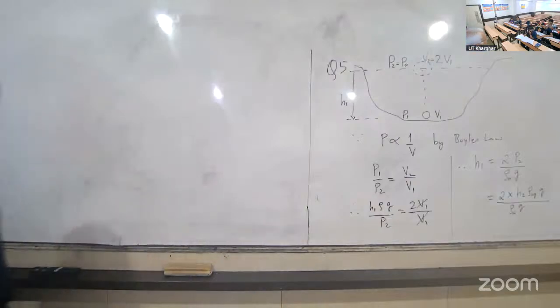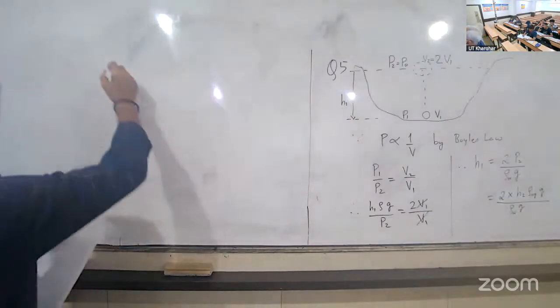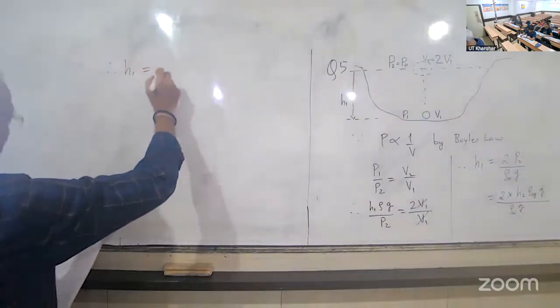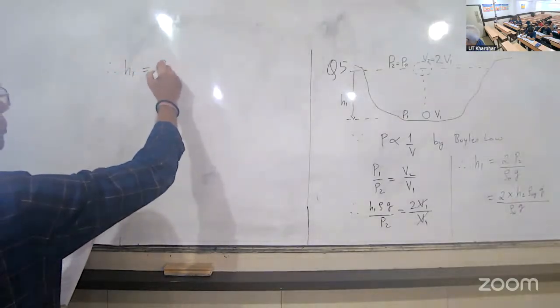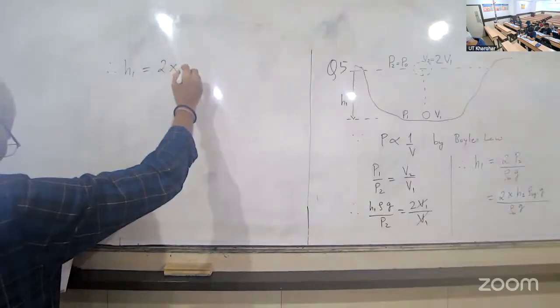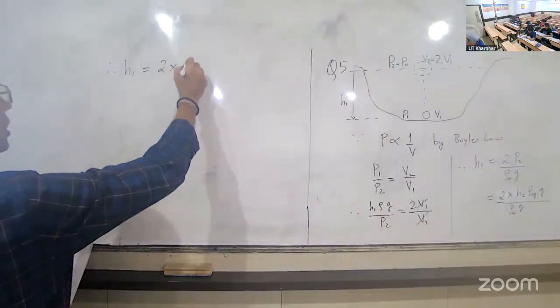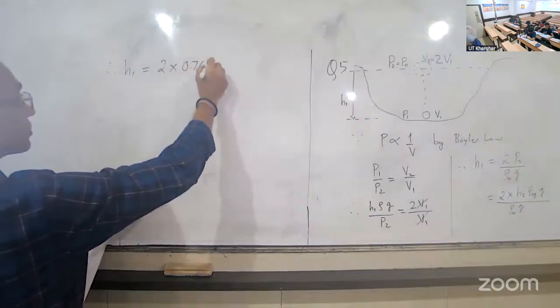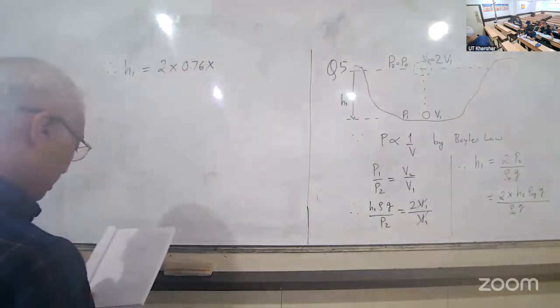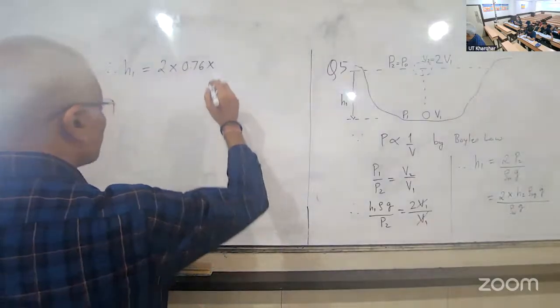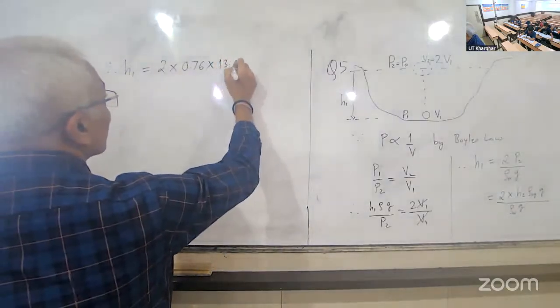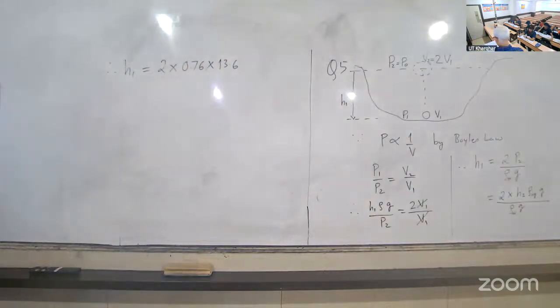P2 is not given directly. How is P2 given? In terms of height of mercury. This is given as 76 centimeter, so write 0.76 into the density of mercury, which is 13.6 gram per centimeter cube.